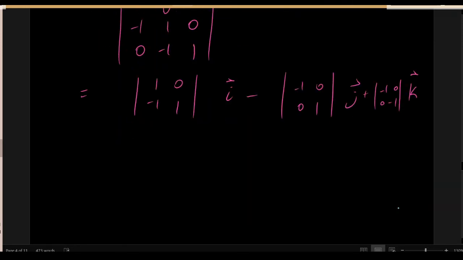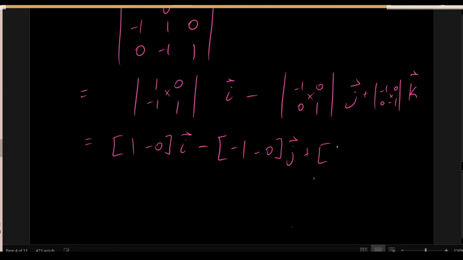Now one by one, I go through and calculate these diagonal products. 1 times 1, take away -1 times 0. That scales the vector i. -1 times 1 minus 0 times 0, scaling the vector j.